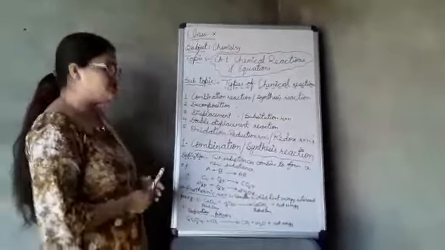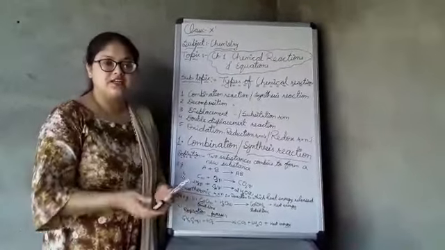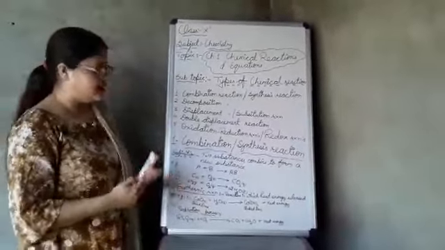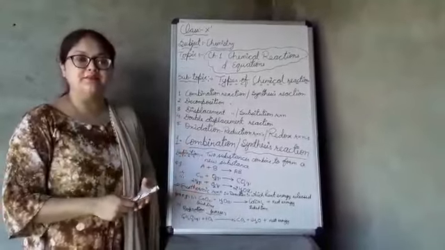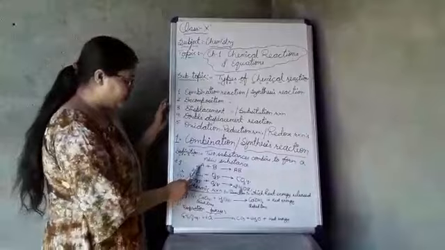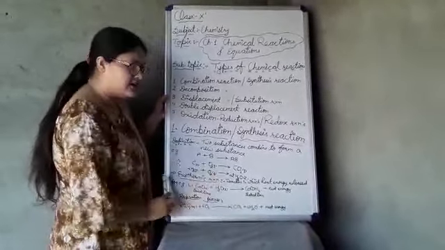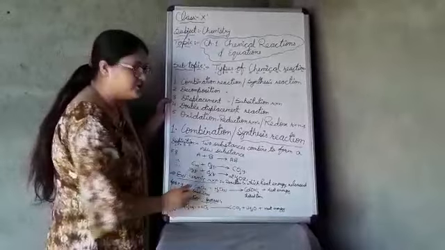Combination reactions, students, are further divided into subtypes. If we react two elements, that is one type of combination reaction, in which two single elements combine and form a new substance.